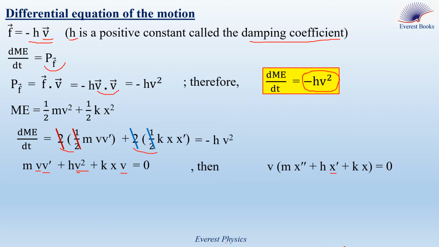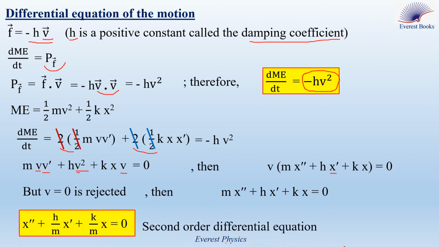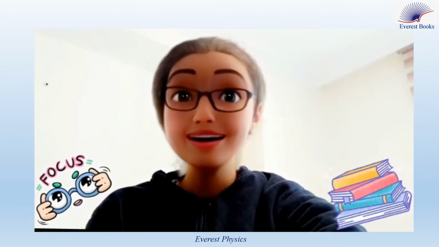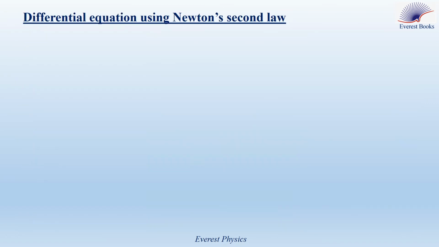So we have v into mx double prime plus hx prime plus kx is equal to 0. As you know, v equal to 0 is rejected, cannot be taken as a solution. Therefore, mx double prime plus hx prime plus kx is equal to 0. Divide both sides by m, we get the second order differential equation. Focus, please. This is important.